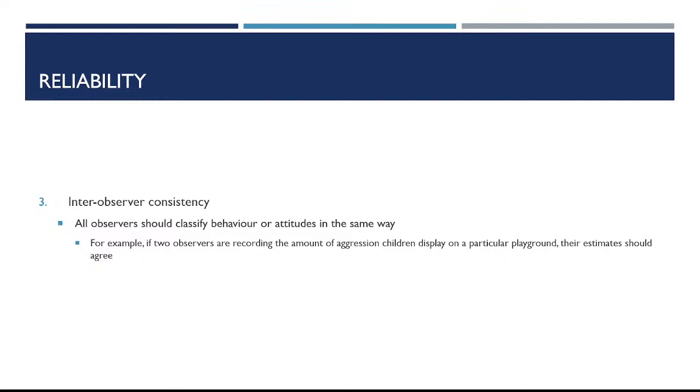Interobserver consistency. Yeah, so all observers should classify the behavior or attitudes in the same way, right? If you're using the same procedure, everybody should come up with relatively similar results. The example from the textbook: two observers are recording the amount of aggression children display on a particular playground. Their estimates should roughly agree, right?